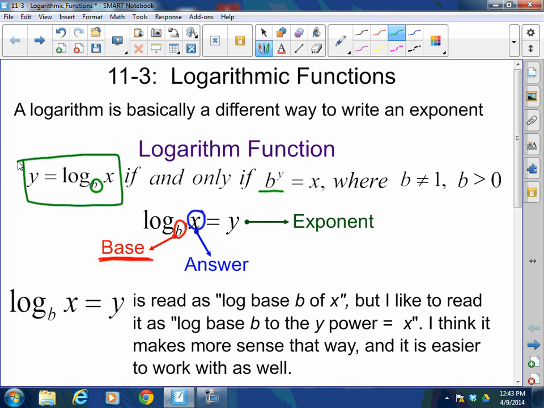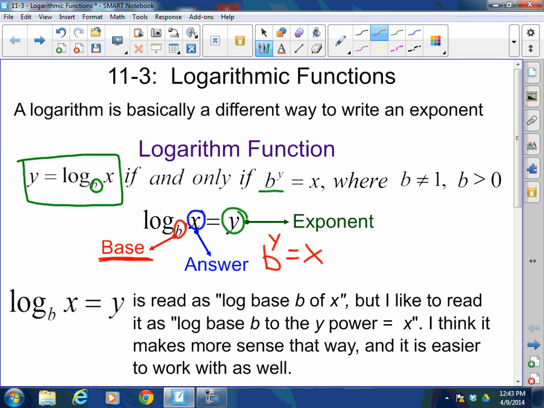And y is the exponent. So, when you are reading this, what this is really telling you is, hey, b to the y power equals x. That's literally log.